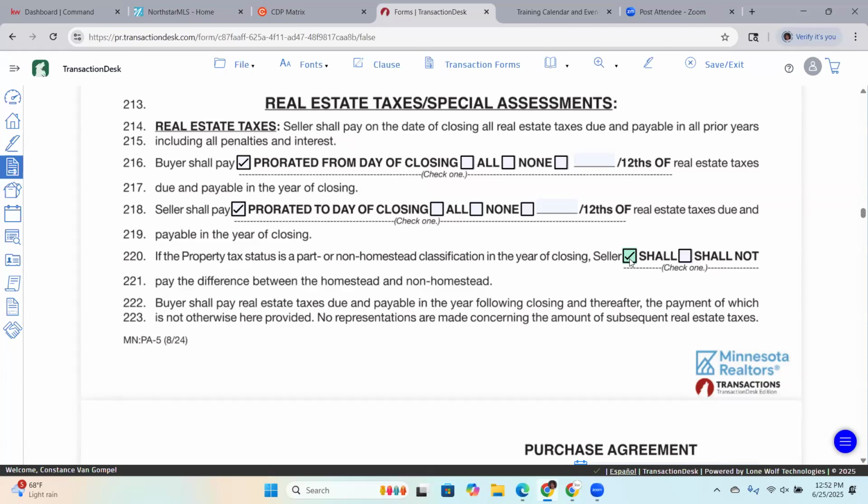Does that make sense? Do you understand the difference between the two? If it's a rental property or investment property, that would be non-homesteaded. If it's lakeshore cabin property, it's non-homesteaded. We probably run into more of the homesteaded properties down here.